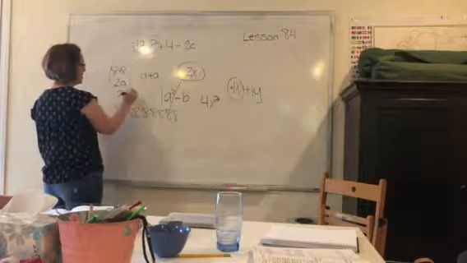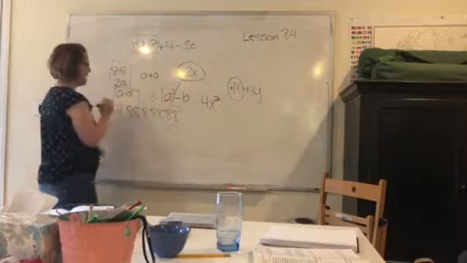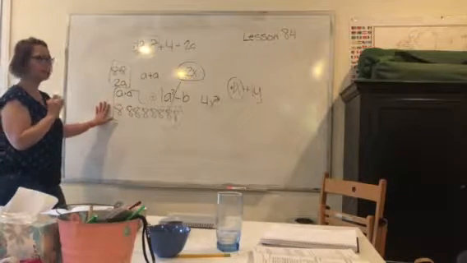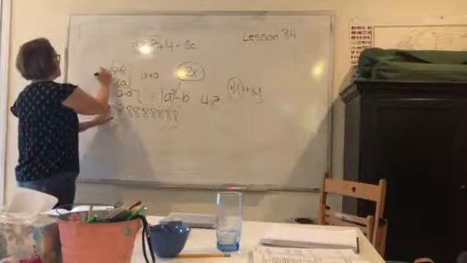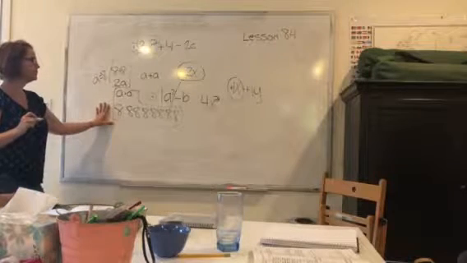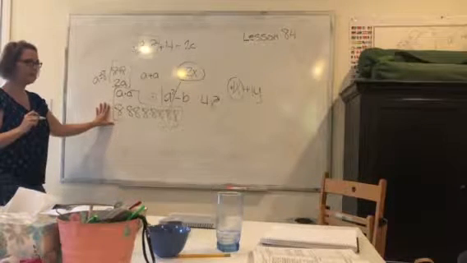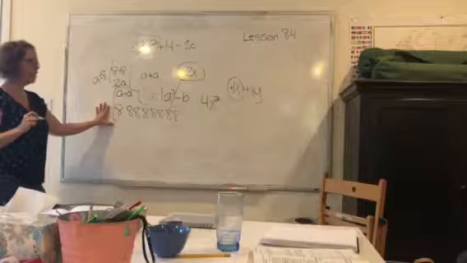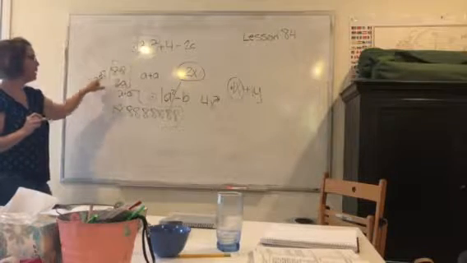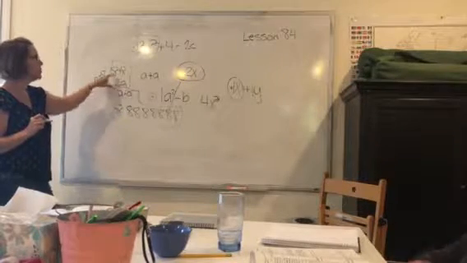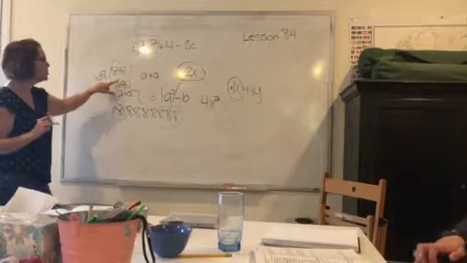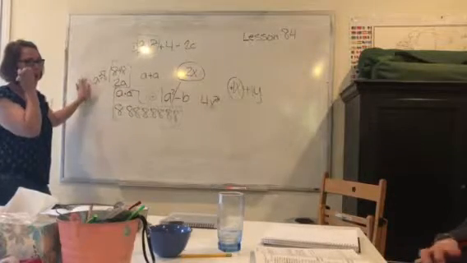When I say 2A and A equals 8, that means there's 2 A's, or 2 times 8, so 8 plus 8.